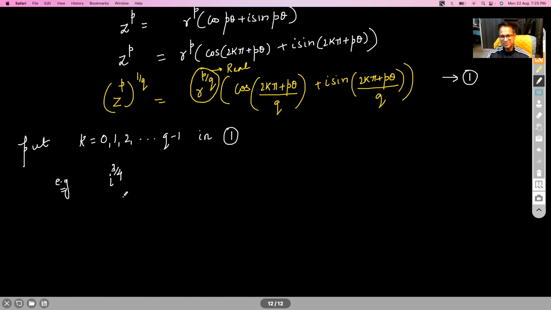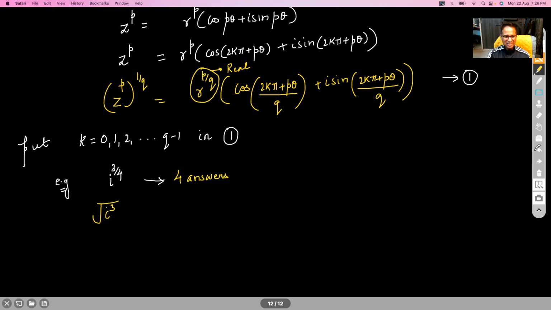So i is a complex number here which is acting like the z in our case, and I want it raised to the power of 3/4. By the way, if I raise i to the power 3/4, how many answers are we going to expect from this operation? Right, we are going to get 4 answers, because essentially it is i cube to the power of 1/4, which is the 4th root of i cube. So 4th root means 4 answers should be coming.